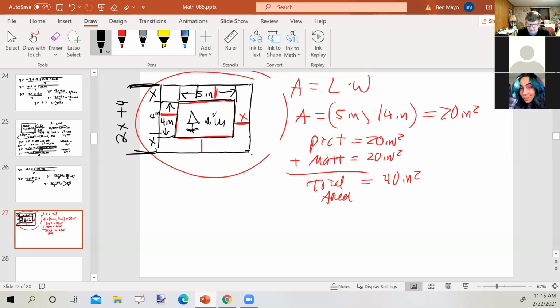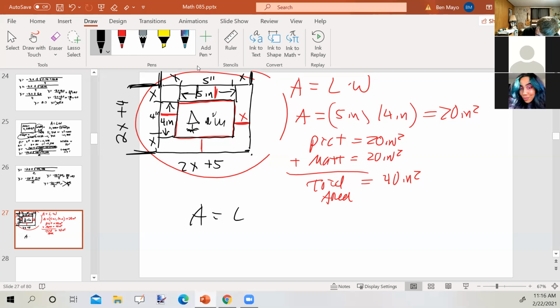Any question where I got that? Okay, how about this whole piece? From here to here is 5 inches. This is X and this is X. So that whole thing is 2, well, I can't write it on there. I'll write it down here. It's 2X plus 5. Okay, so the dimensions of the outer part are 2X plus 4 times 2X plus 5.